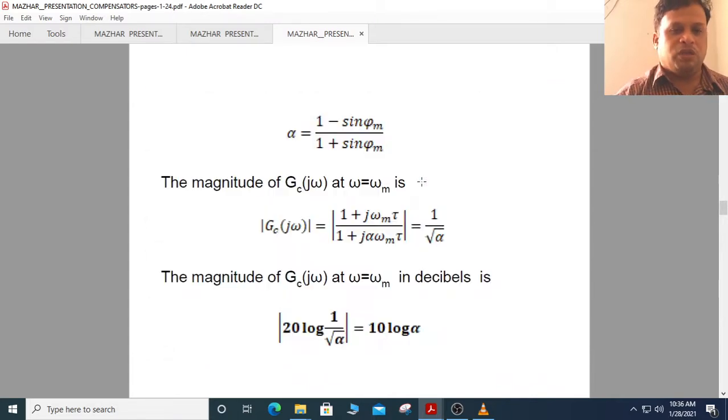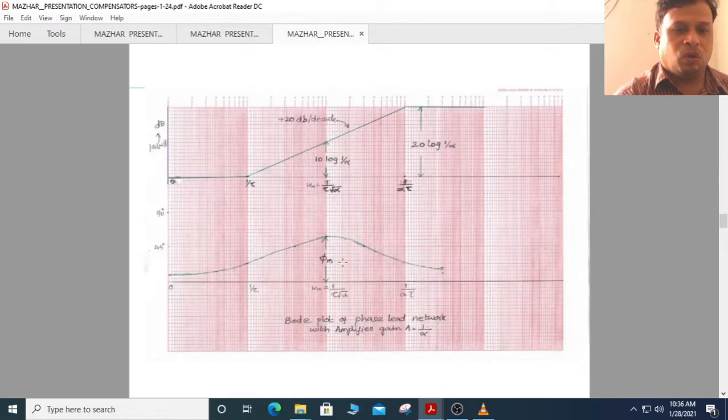So all these values, 1 by root alpha, are shown here and here. Like this we derive the equations first and draw a Bode plot for a lead compensator.